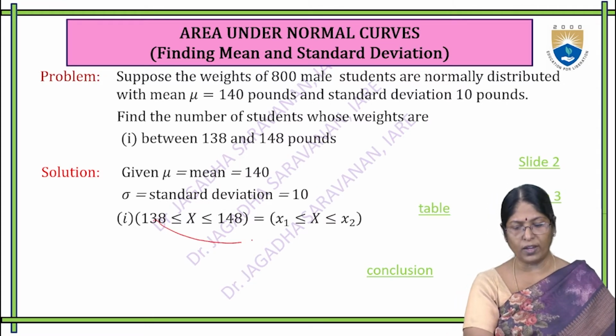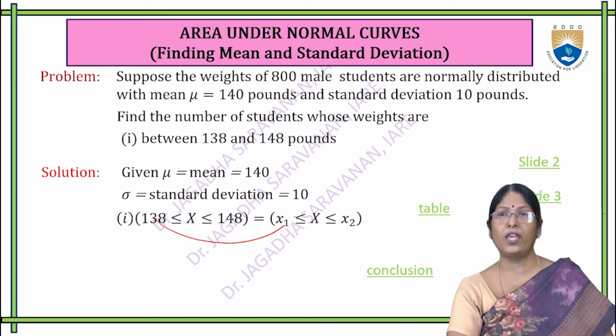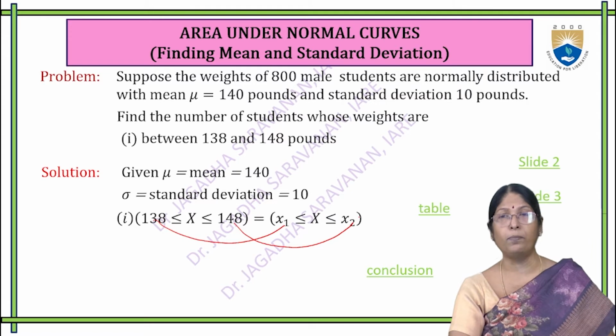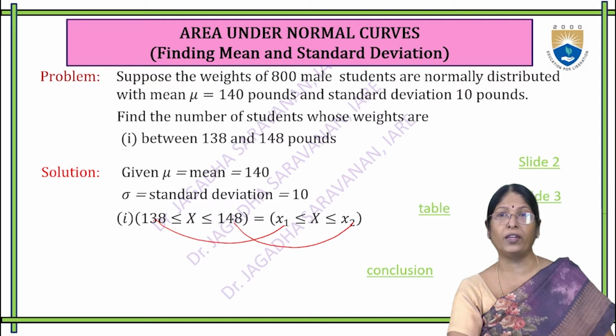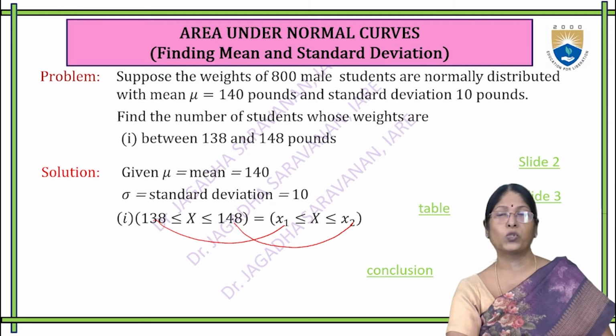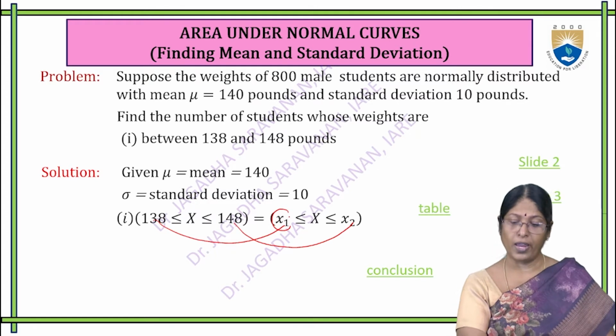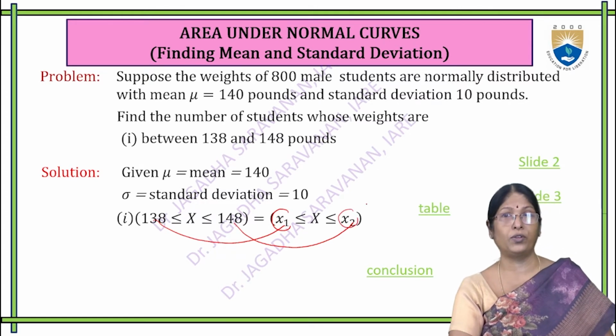We name 138 as x1 and 148 as x2. But 138 and 148 can't be plotted in the normal curve. To plot in the normal curve, we use the z scale, so x1 is to be converted into z1 and x2 into z2.